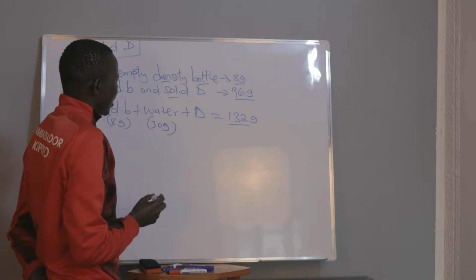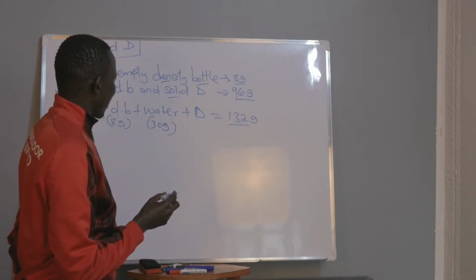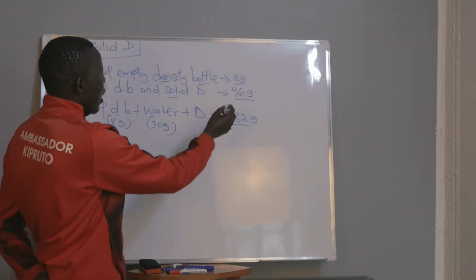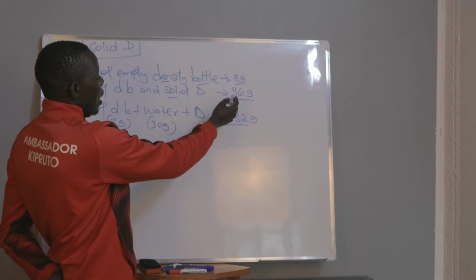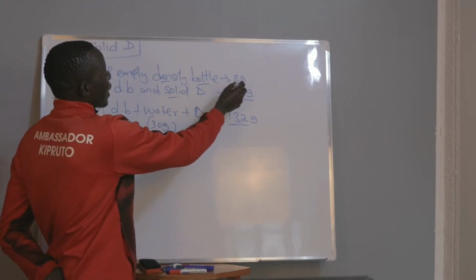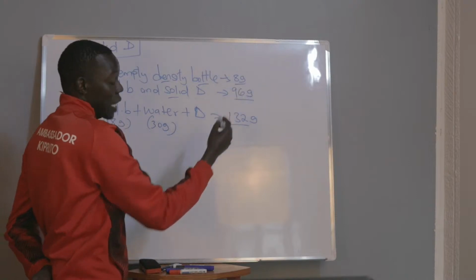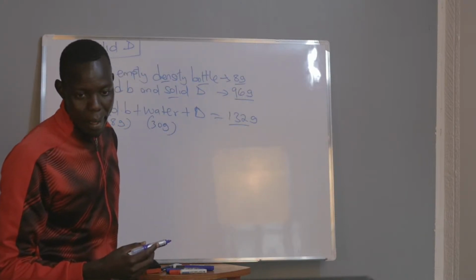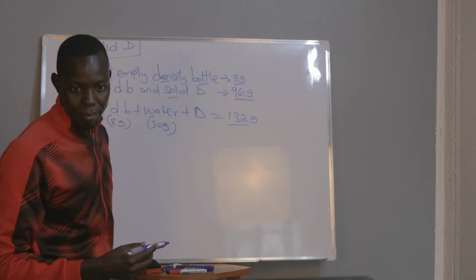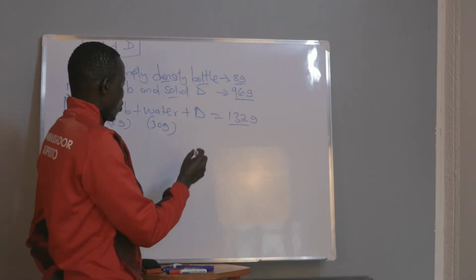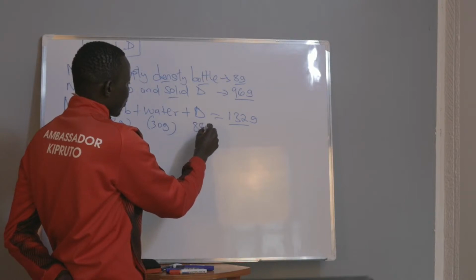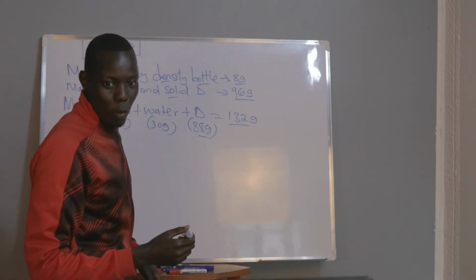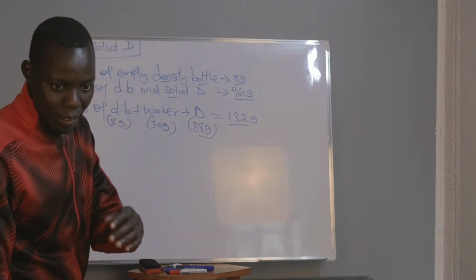Now, solid D, what is the mass of solid D? Because empty, this bottle ni 8 grams. Tukiweka solid D 96, 96 minus 8, so hapa iko 88 grams. Can you confirm for me, somebody?